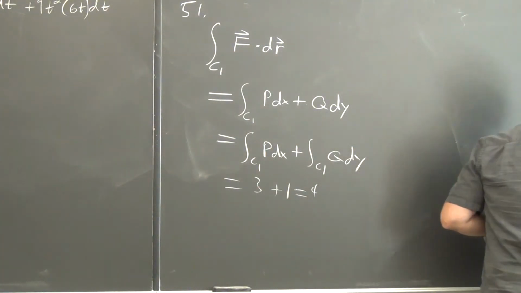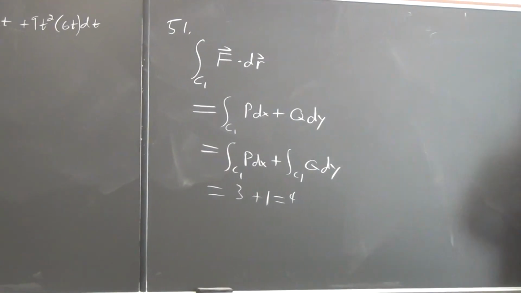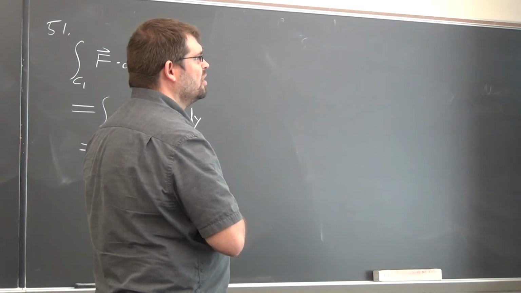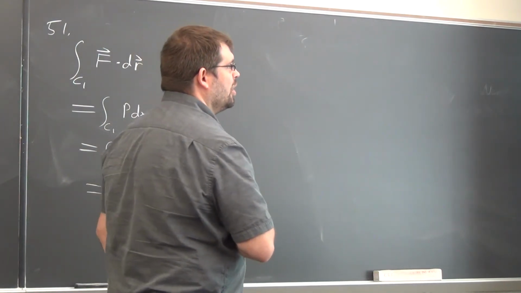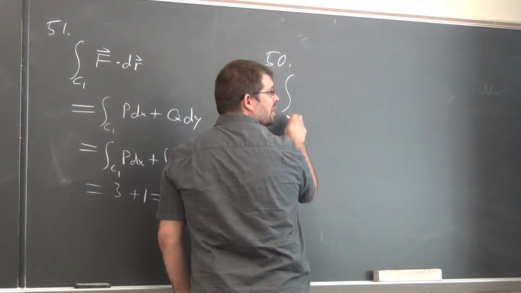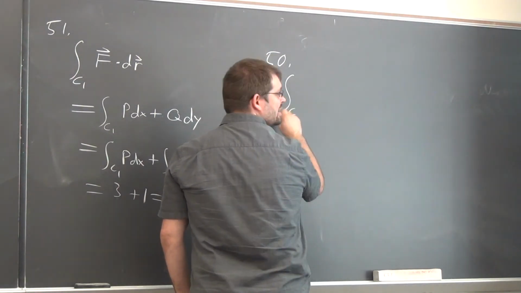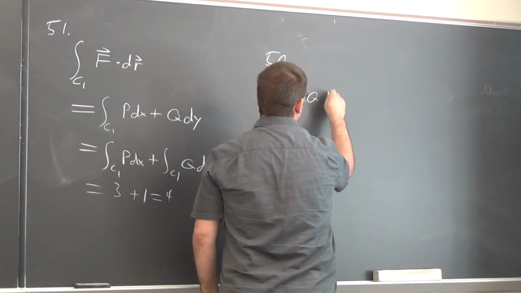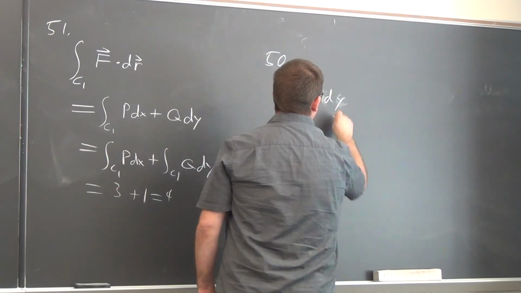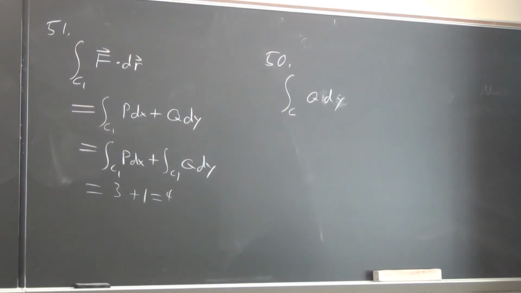Let's see, what's another? How about, well, let's do this one first. Let's do 50. So 50 wants the integral over all of C of Q dy. So how do you evaluate that?